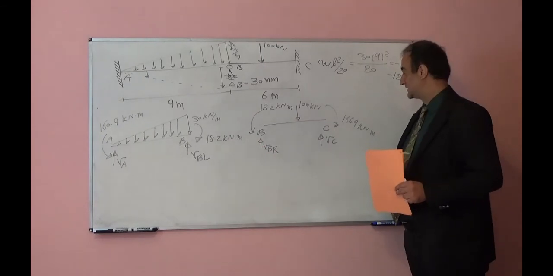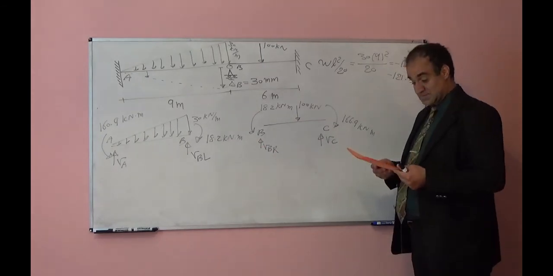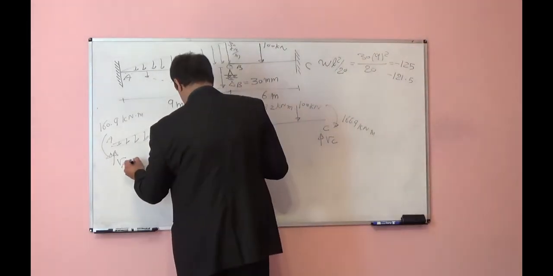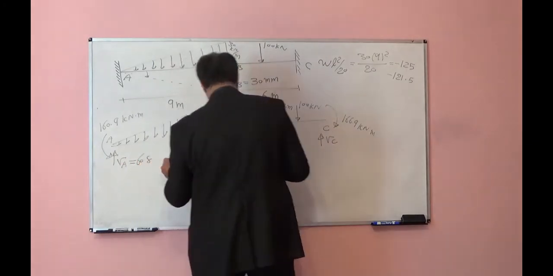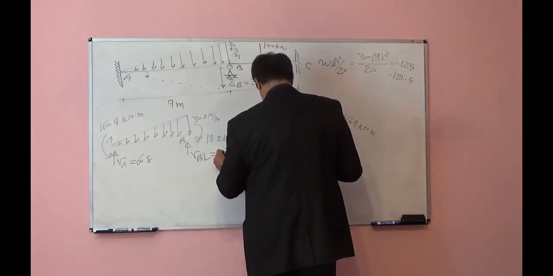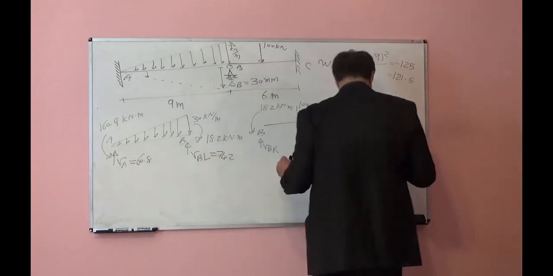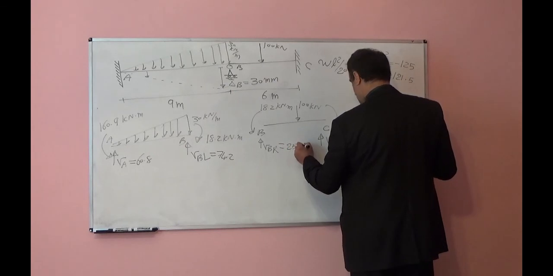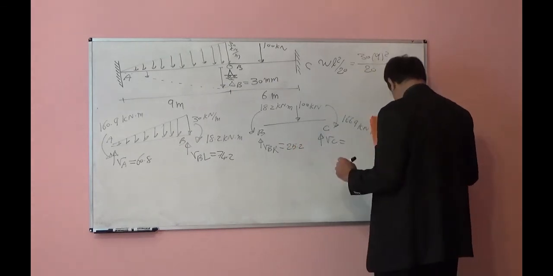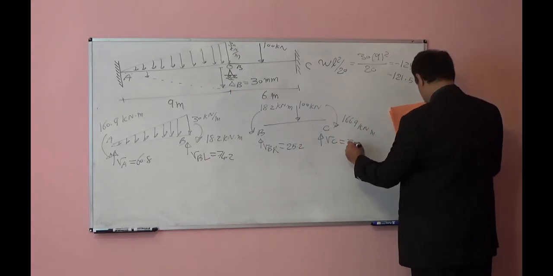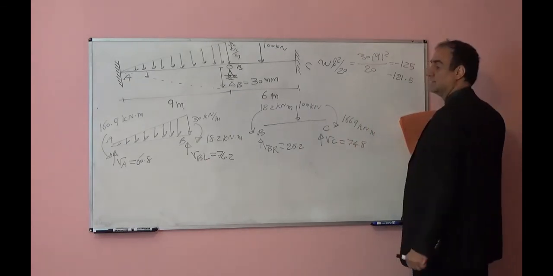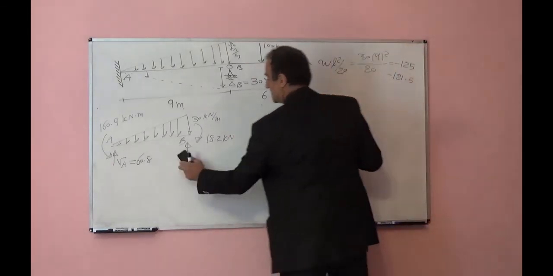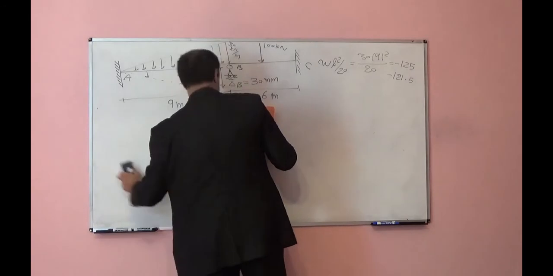Summation of forces in the vertical direction, you will find VC. So you can find all those. This will be 60.8, this will be 74.2, this will be 25.2, this will be 74.8. After finding all these, it is easy to draw the shear and moment diagrams.